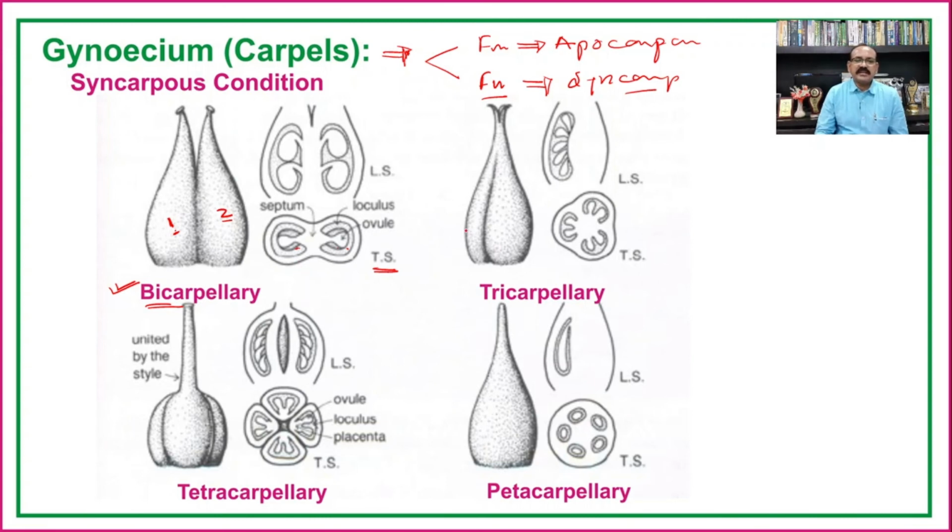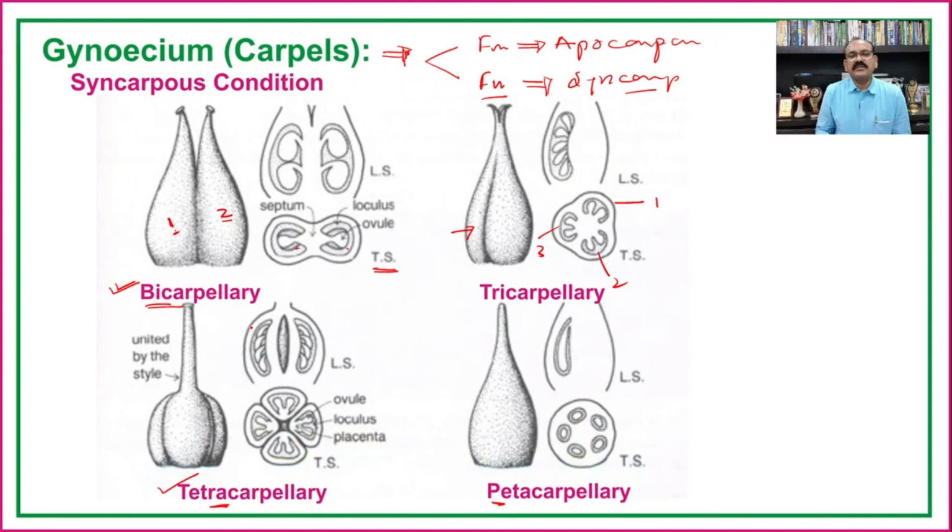If there are three carpels, here 1, 2 and 3, all three carpels fuse together forming the complete structure, and that is known as tricarpellary. If 4 carpels fuse together, it is known as tetracarpellary, and if 5 carpels fuse together, it is known as pentacarpellary.